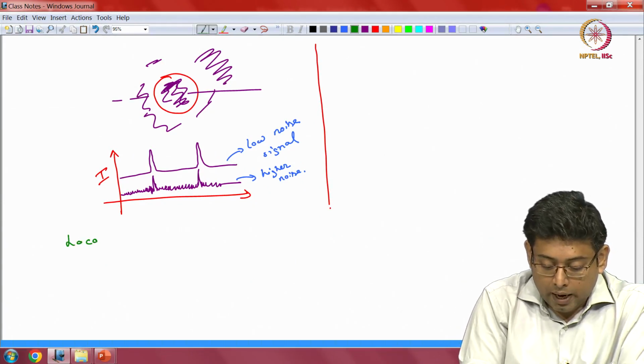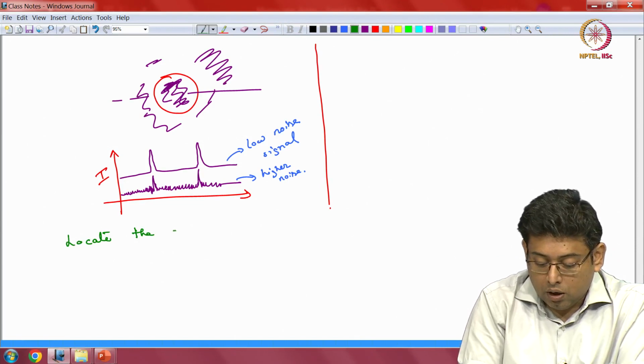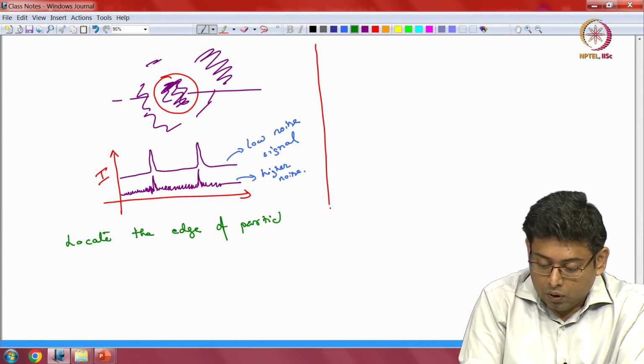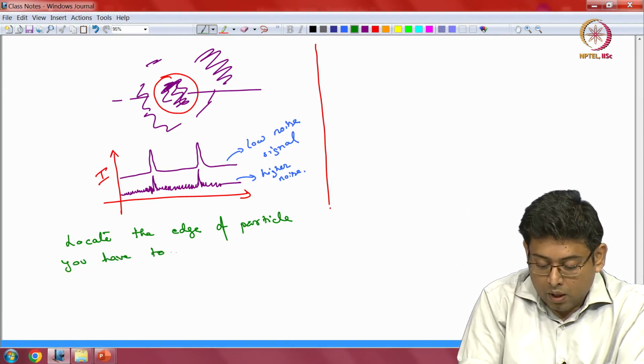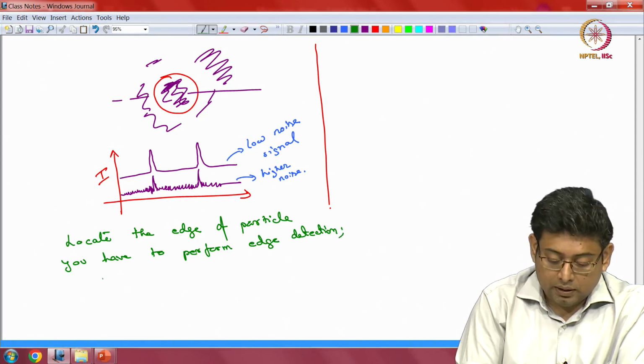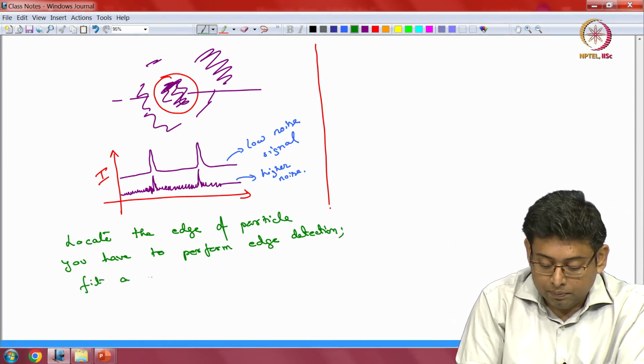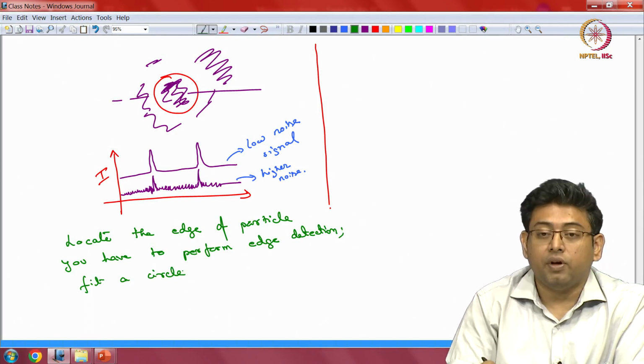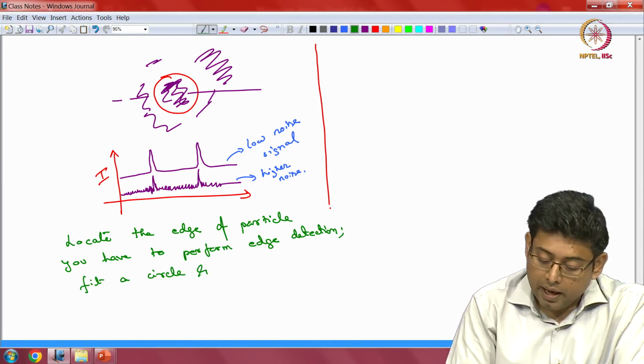So, to locate the edge of the particle, you have to perform edge detection. Then perhaps fit a circle to the periphery that you have already detected, and then estimate the center.